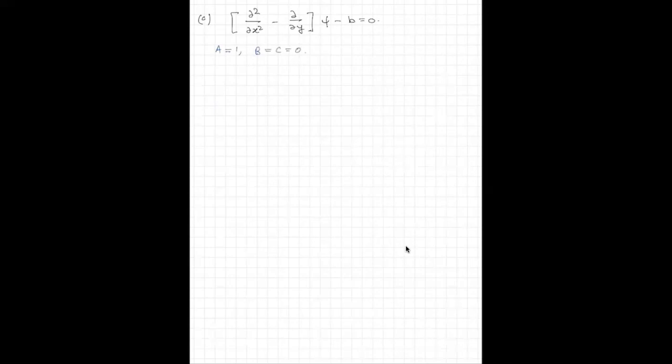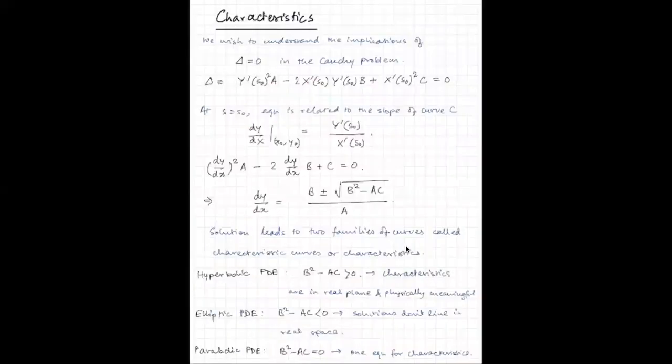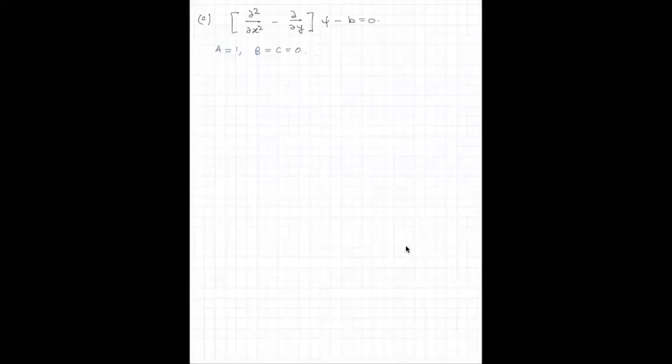Thus we have, remember what these guys were, B squared minus AC is equal to 0. So this, of course, remember, is a parabolic equation.